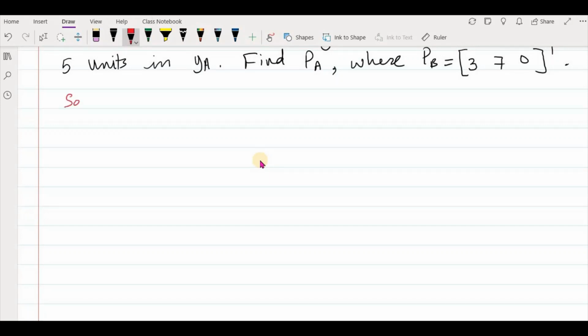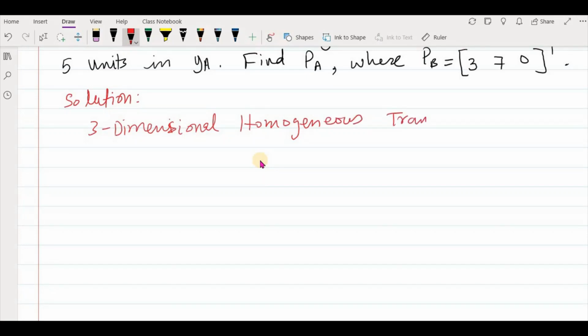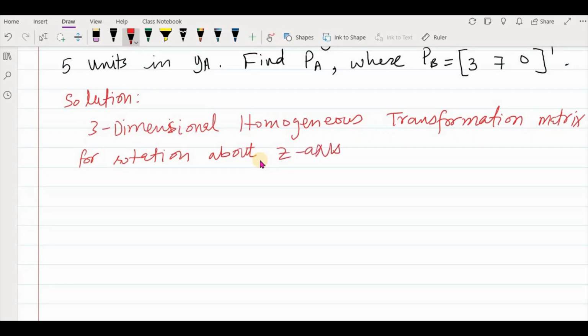So if you go for the solution, the 3-dimensional homogeneous transformation matrix for rotation about the z-axis.